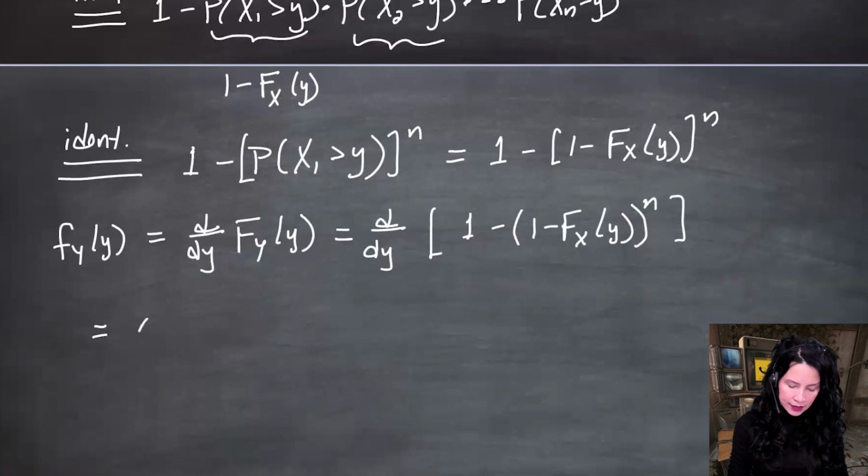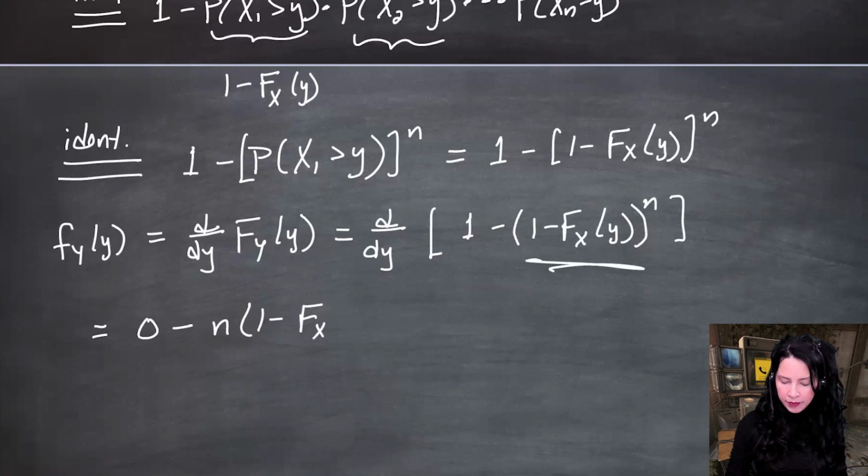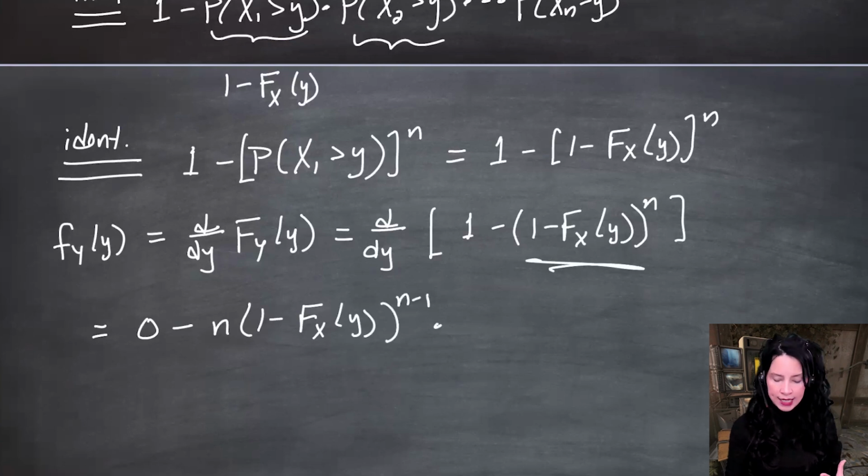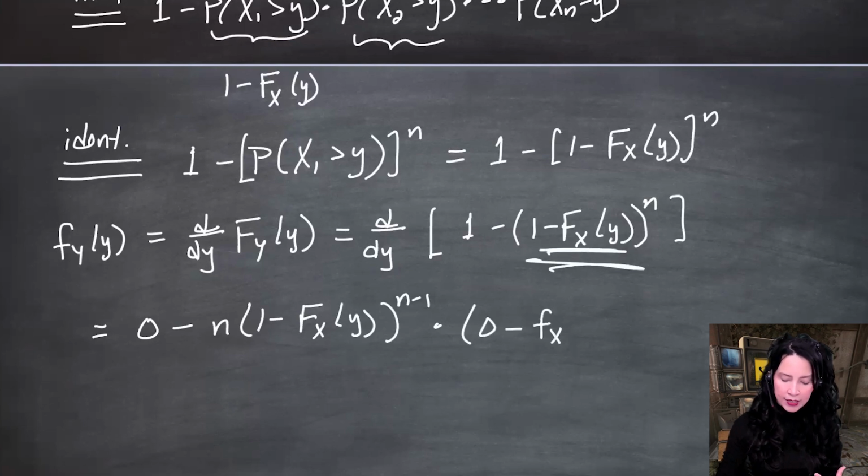So I get 0 minus, and then a little chain rule in here. I'm going to bring the n down, 1 minus capital F sub x of y to the n minus 1 times the derivative of what's inside, which is 0 minus the lowercase f sub x. The CDF for x, its derivative is the PDF for x of y.